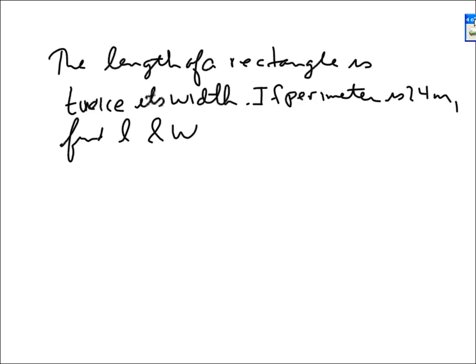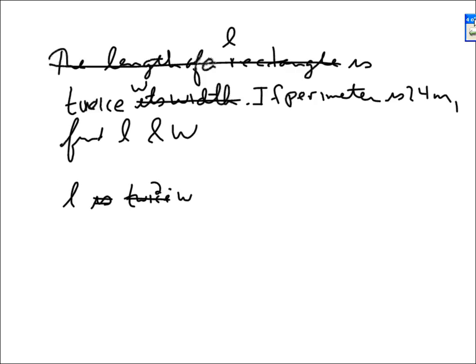So, the length of the rectangle, 1, 2, 3, 4, 5 words, is just L. Its width is W. So that first sentence says L is twice W. The twice means 2 times.